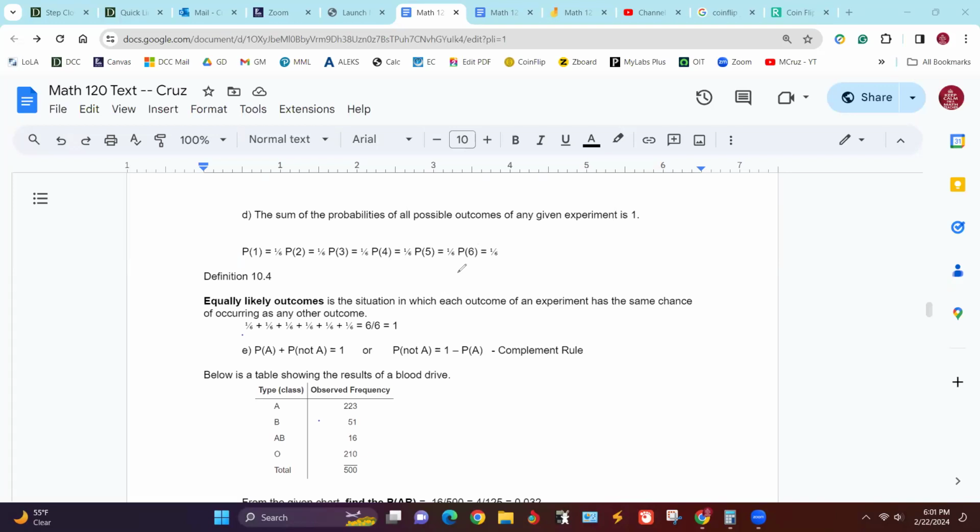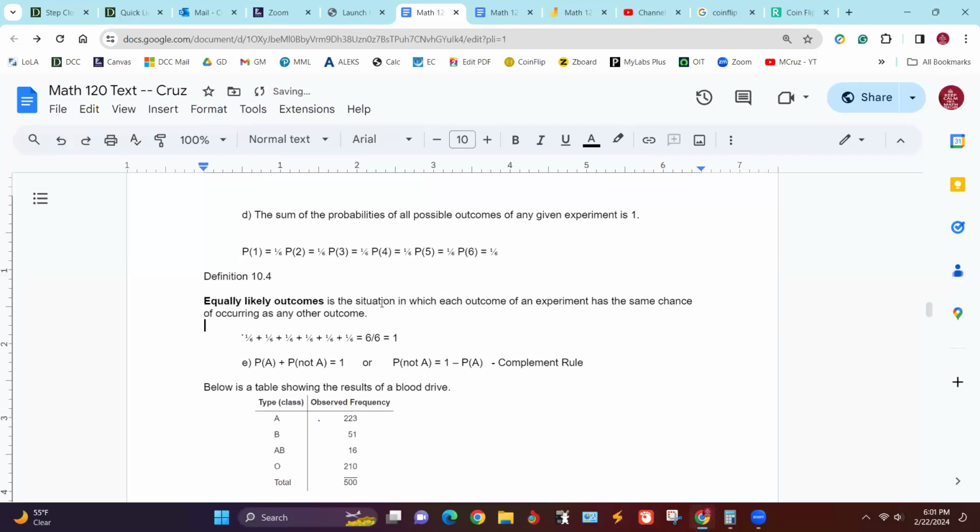You might see the term equally likely outcomes, but you don't really have to know it, other than if you see it, kind of know what it means. It means that for that die, each one of the numbers has the same chance of occurring. And as I said here, the sum of all probabilities of a given experiment is 1.